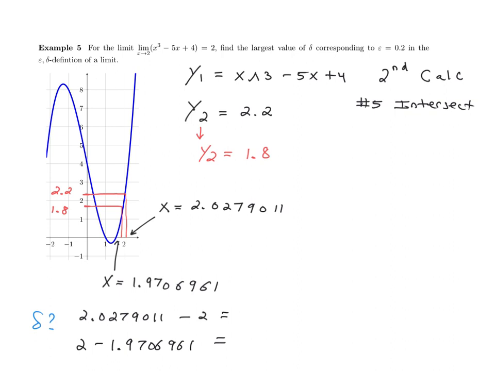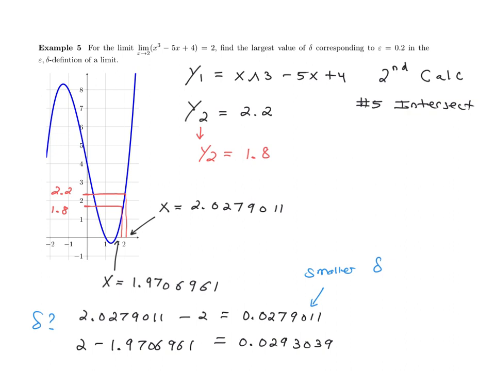The two numbers I get are close, but one is 0.027911, and this one is 0.02293039. So the smaller of the two is this one. So this is smaller, and that'll be my delta.